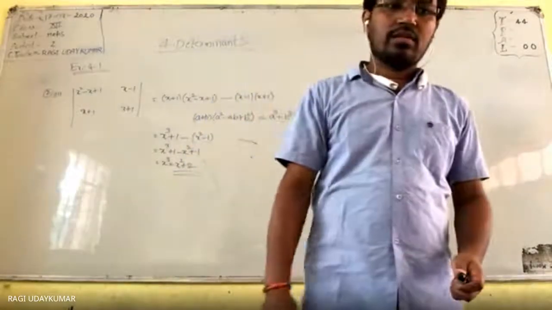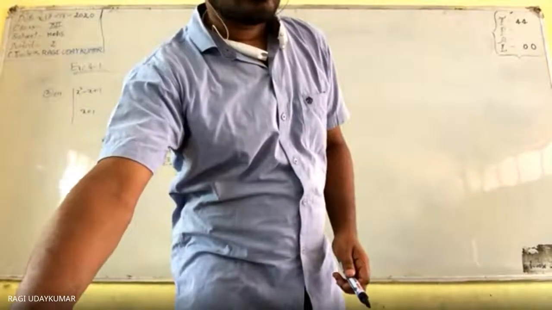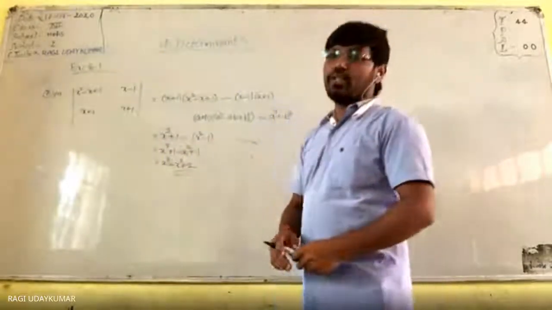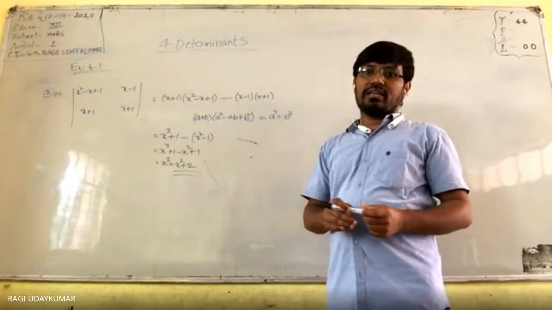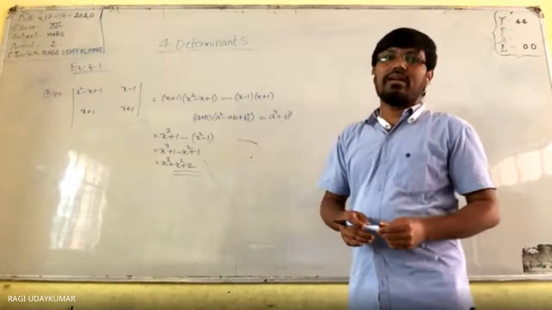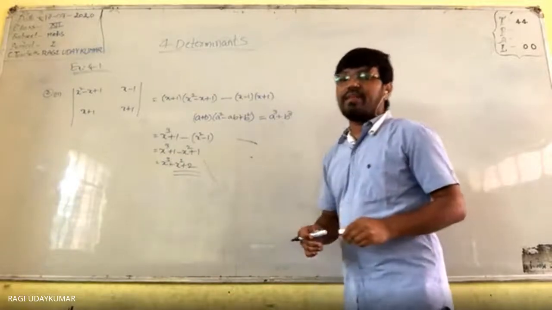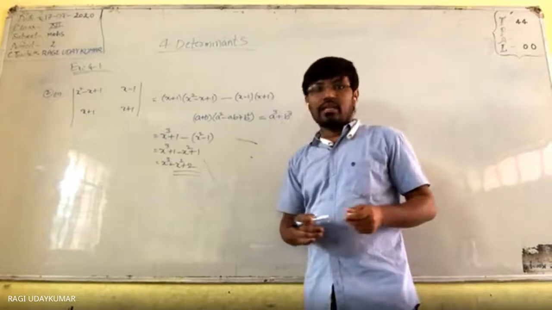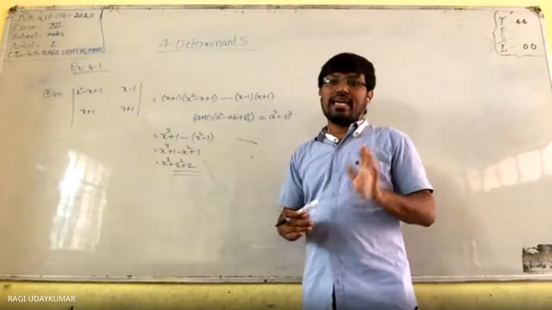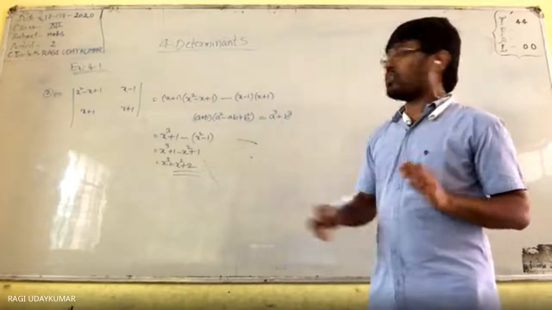Okay. So next, here the question is given to you. Third question, determinant of the 2a is equals to 4 into determinant of the a. Whenever the question is given to you, if A is a 2 by 2 matrix, do remember that.